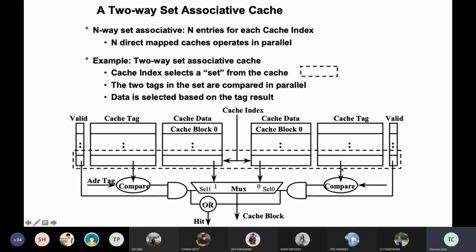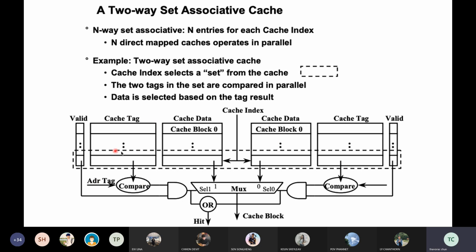So here is the set. See the dashed rectangle here. This dashed rectangle refers to a set, and this section refers to one cache block. This one refers to another cache block.